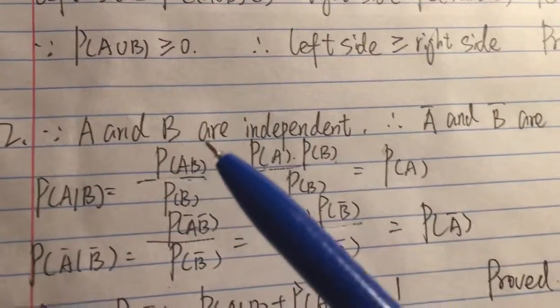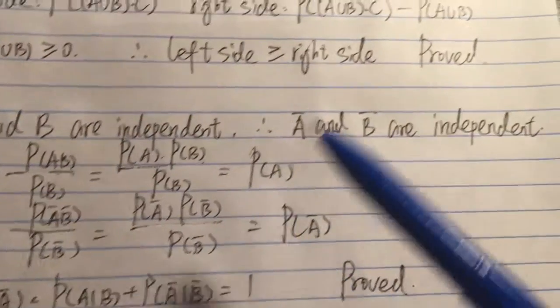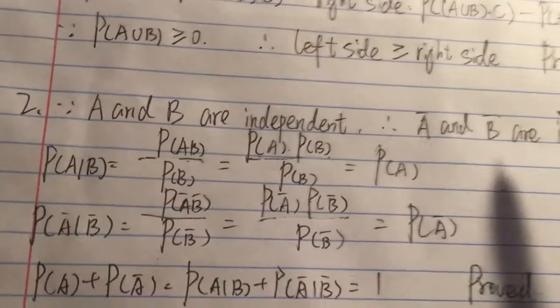If A and B are independent, then A bar and B bar are independent too.